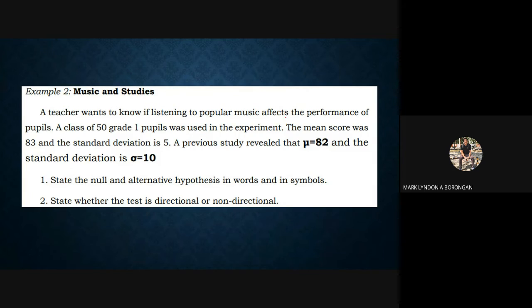So, gusto lang niya mahibaw-an unsay apekto sa popular music sa mga grade 1 pupils. Wala siya nag-ask if greater ba ilang performance or lesser ba ilang performance. So in this case, would our test be directional or non-directional?